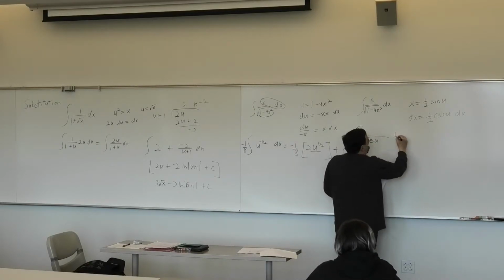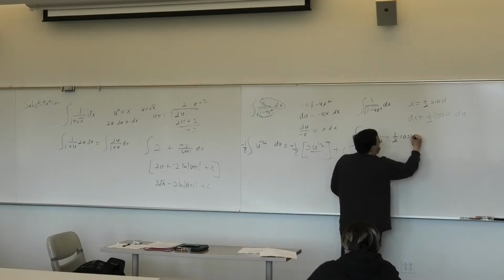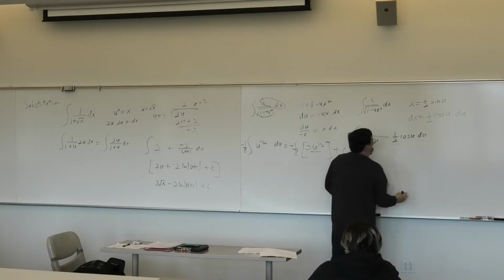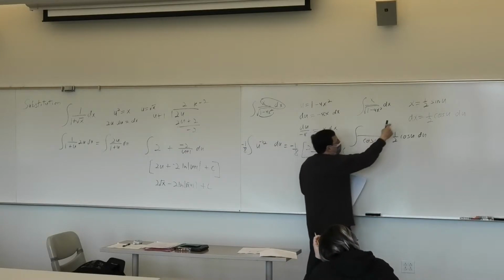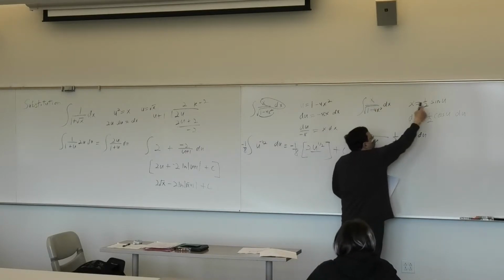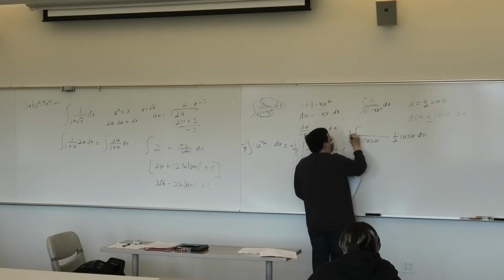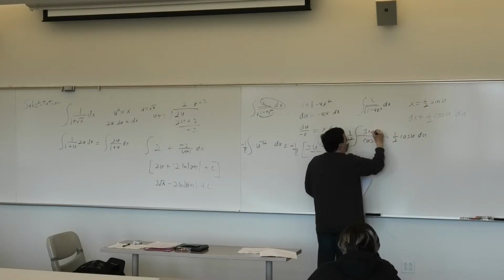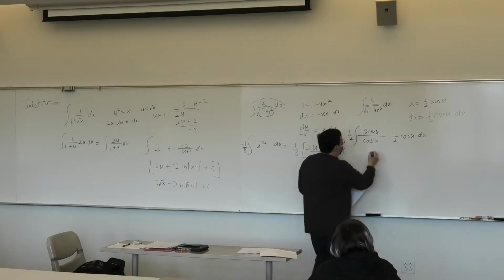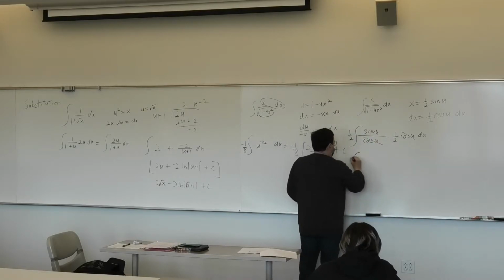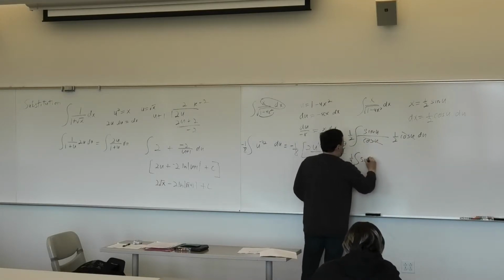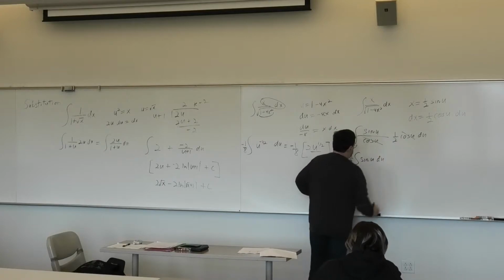That's going to be 1/2 cosine u du. Oh, isn't that convenient? So all I really end up with is this x, which I'm going to substitute and get 1/2 sine of u. All right, so I'm going to cancel here and end up with 1/4 sine u du.